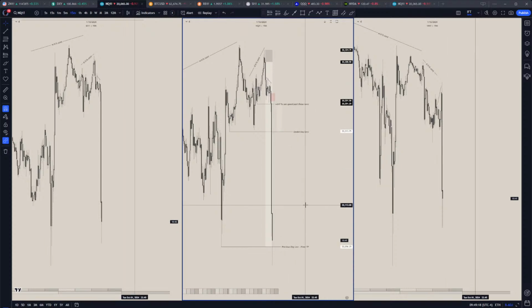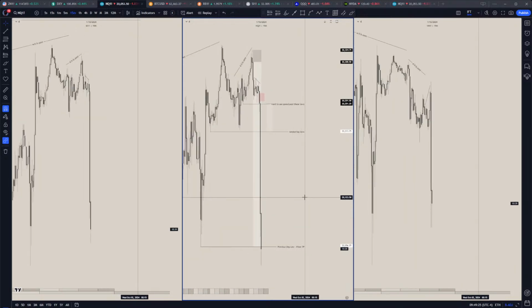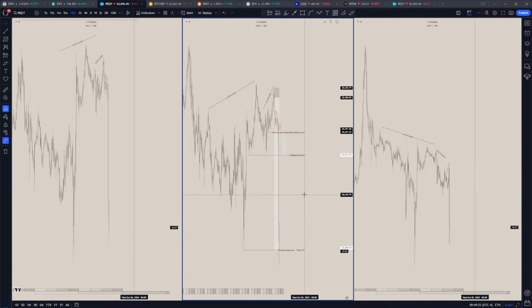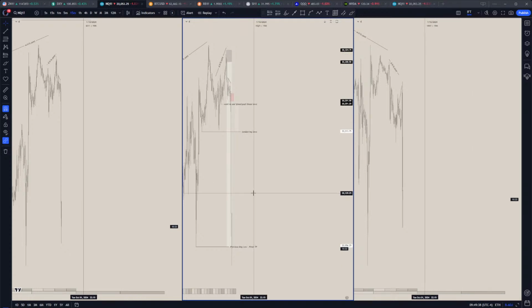I think all SMT cycles have the same amount of weight. It's just that the higher time frame SMTs are more important. So it's like high card rules, right? The higher the time frame, the more power it has. So let's say you have a 4-hour SMT, then you're going to be paying attention to any lower time frame SMTs to continue that bias.